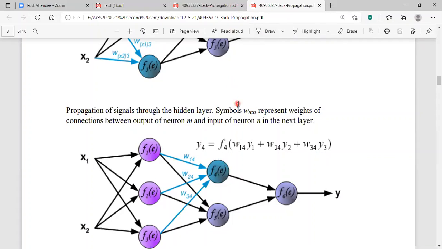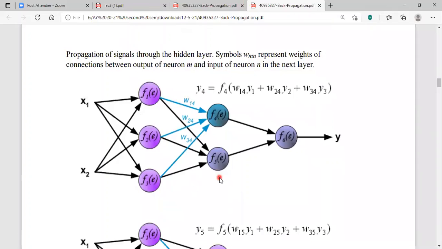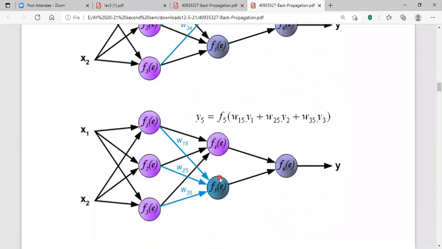M represents the output of the input neuron. N represents the input for your hidden layer, that is your next layer. Similarly, you can try F5: F5 of W15 into Y1 plus W25 into Y2 plus W35 into Y3.